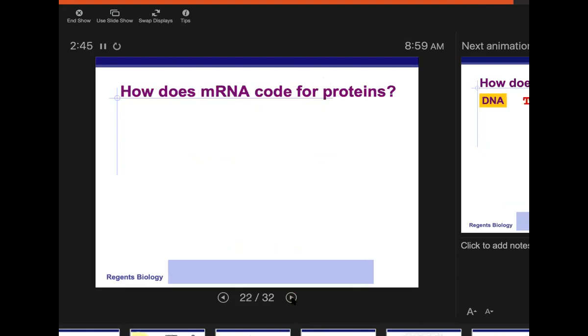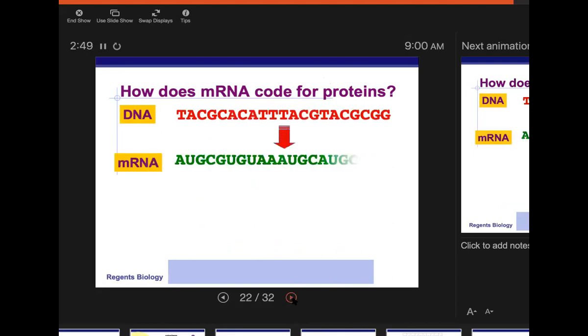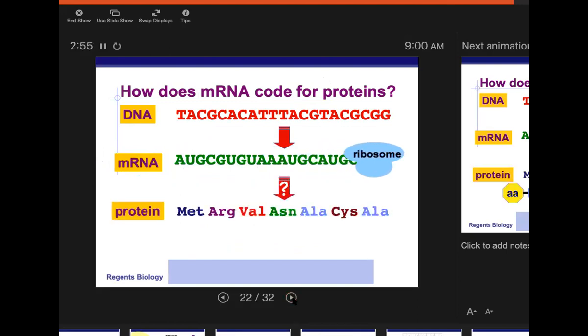Okay, so when you're looking at a strand of mRNA, and you're going to turn that now into a string of amino acids. Now, when you look at the protein row here, you'll see that each amino acid is abbreviated as a three-letter word.